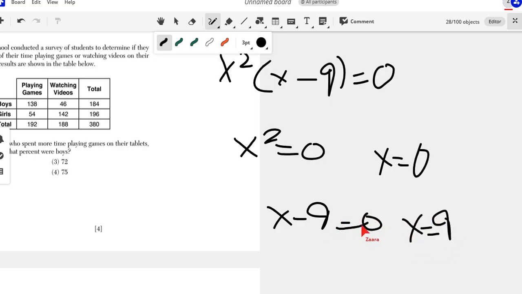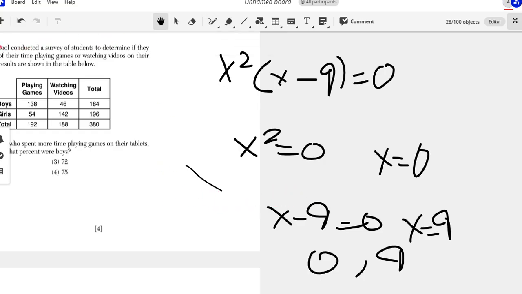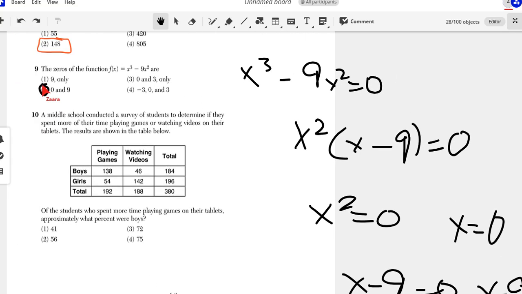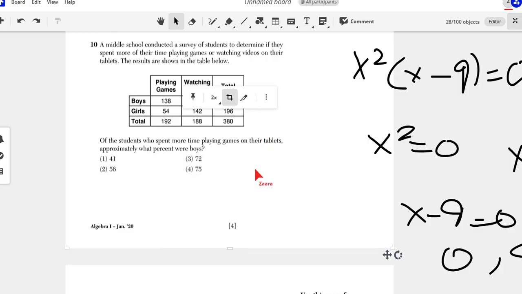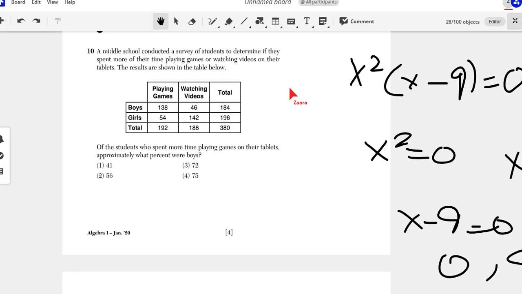So the zeros of the function are 0 and 9. Okay, so which answer is the right answer? Number 2. Okay, excellent. Next.